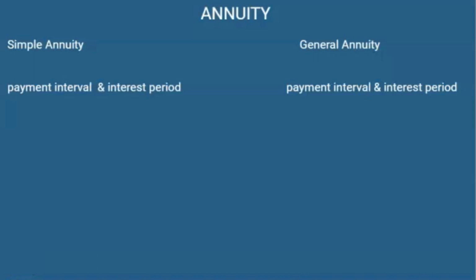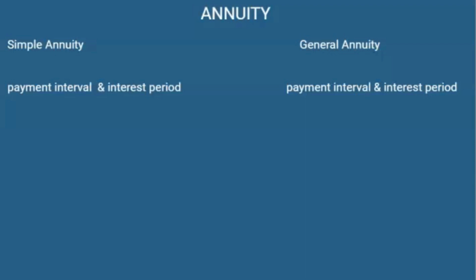For example, if you plan to buy a car or a condominium or a house, you have to pay for this product over time on a regular basis. And we have two types of annuity, the simple and general annuity.